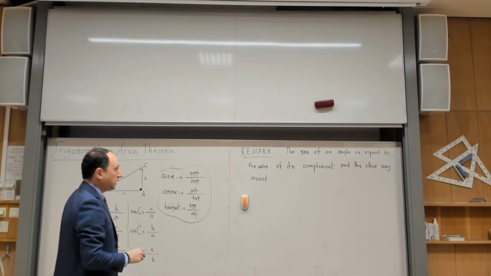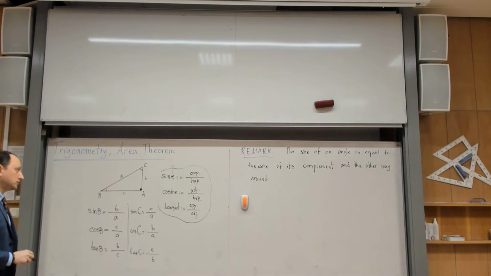By the other way around, I mean the cosine of an angle is equal to the sine of its complement.